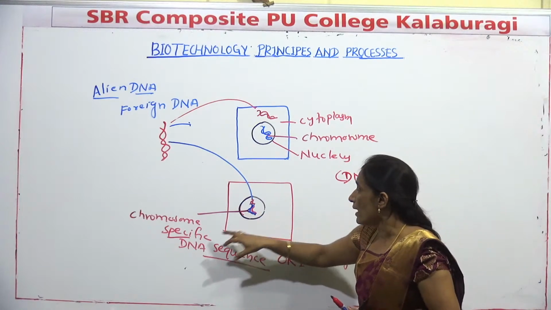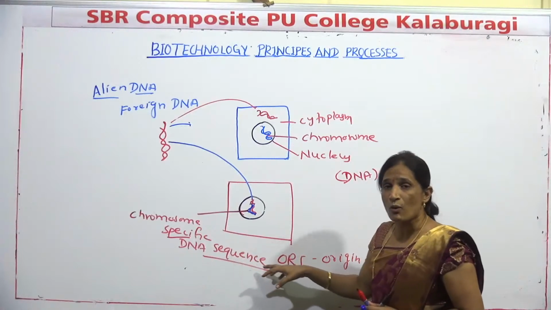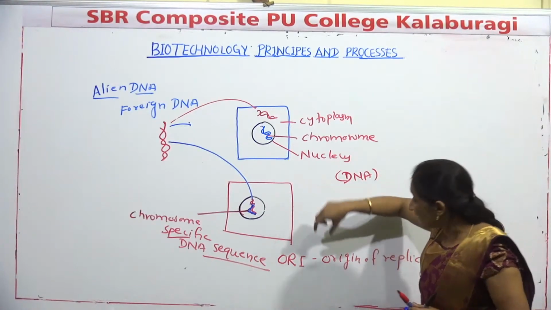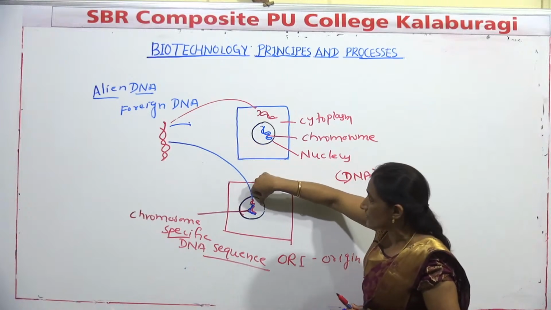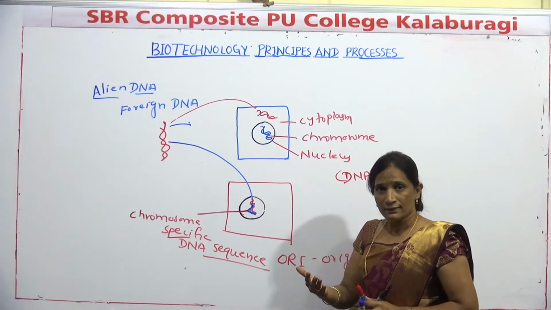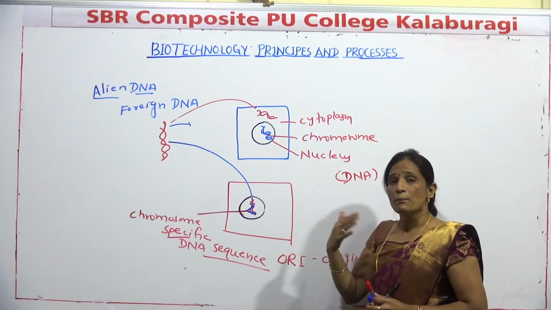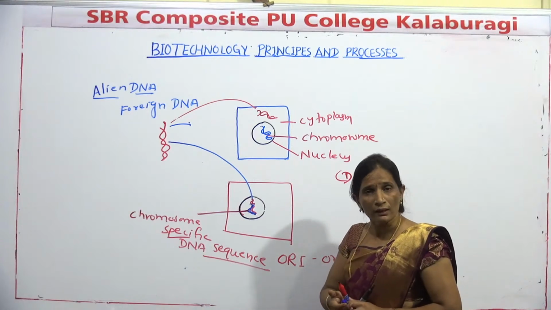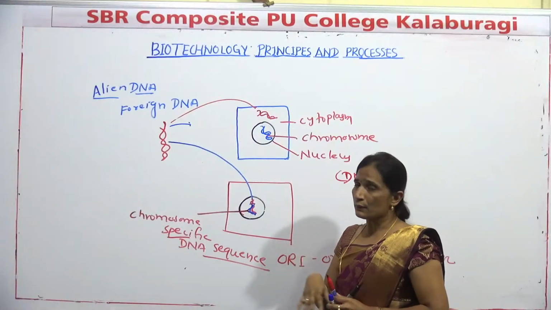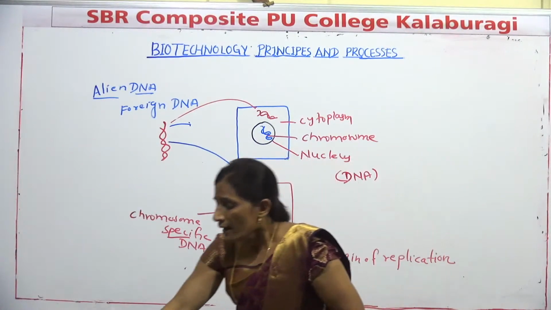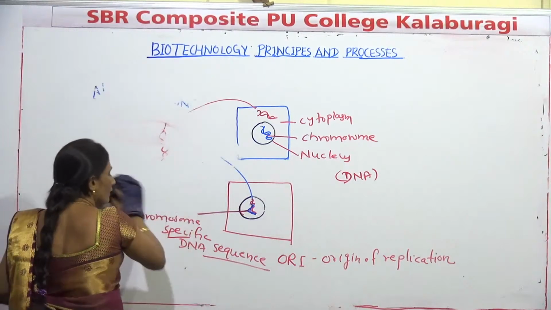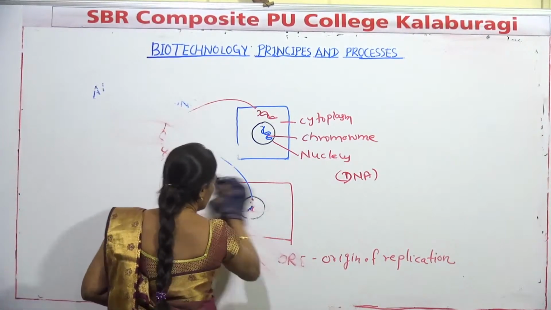Because the chromosome has a specific DNA sequence called the origin of replication, and when the DNA binds to that region, replication occurs. It produces multiple copies of the DNA. So this is the brief introduction. After this, we'll go to the next one.